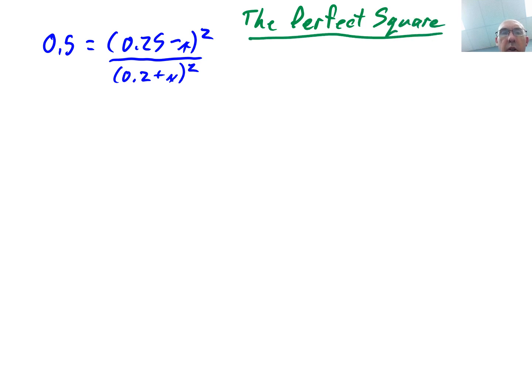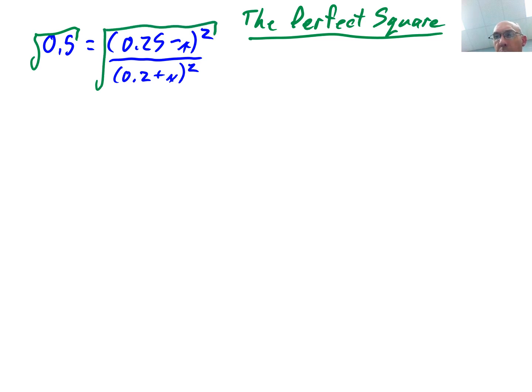It only happens when you have any value by itself on the left, but both the numerator and the denominator are perfect squares. The entire numerator and the entire denominator are perfect squares, so there can't be anything extra attached to it. When that's the case, the most common first step is to then take the square root of everything on the left and everything on the right.